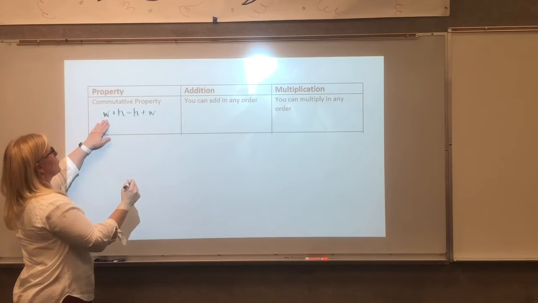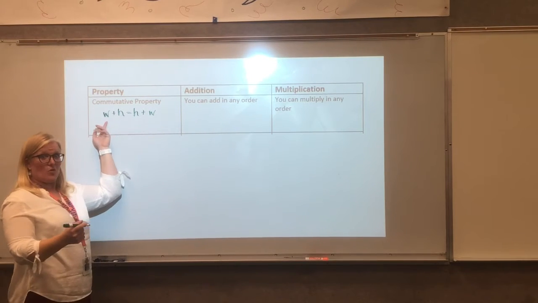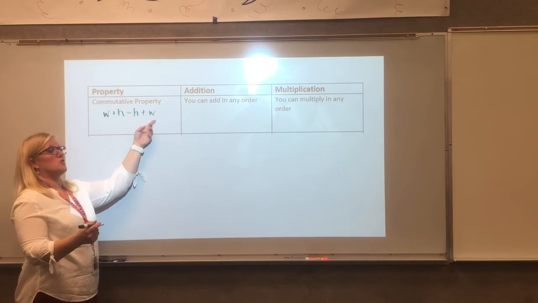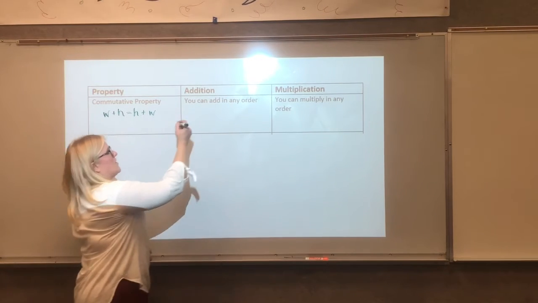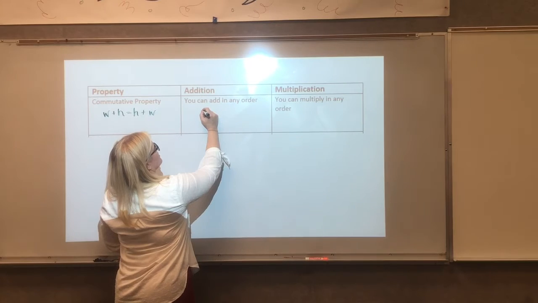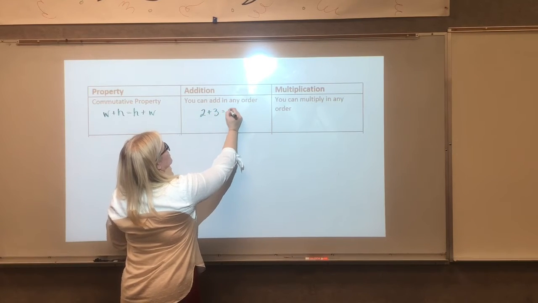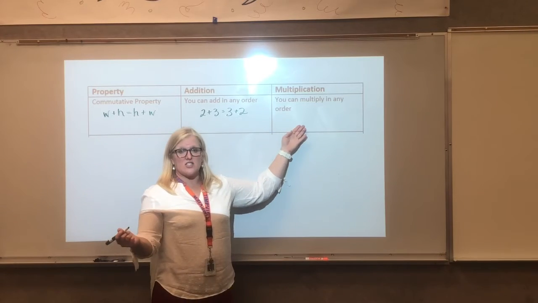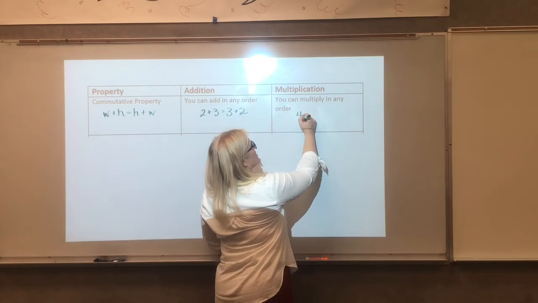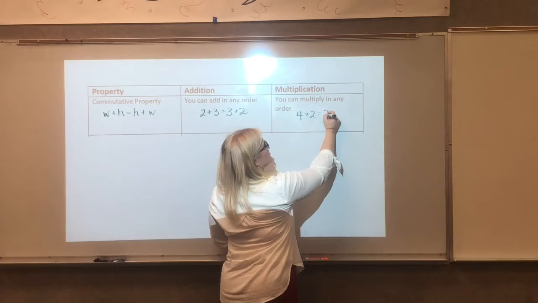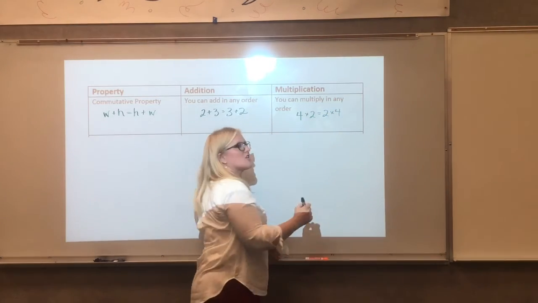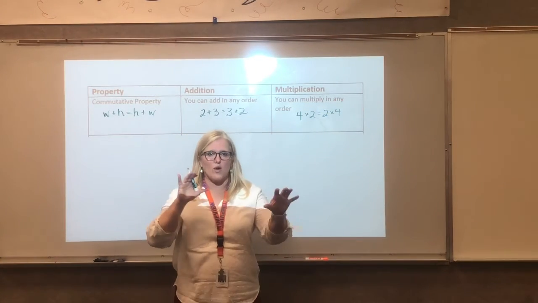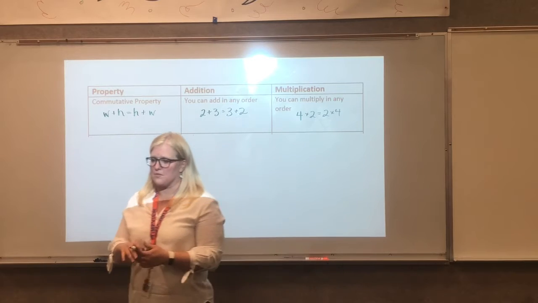An example could be 2 plus 3 equals 3 plus 2. Multiplication is the same way. 4 times 2 equals 2 times 4. So that's commutative. I'm commuting from one place to another, if that helps you remember.